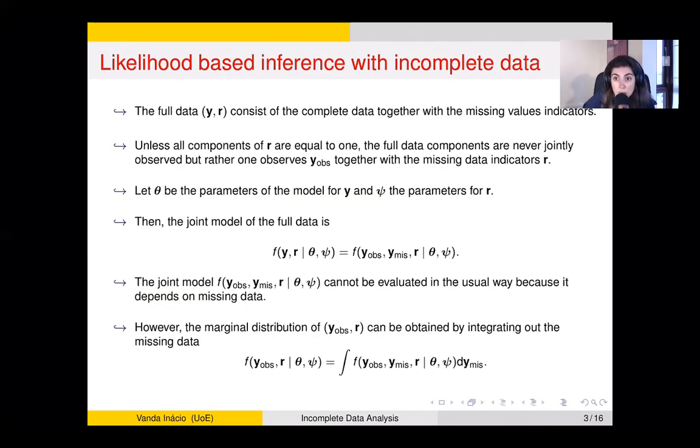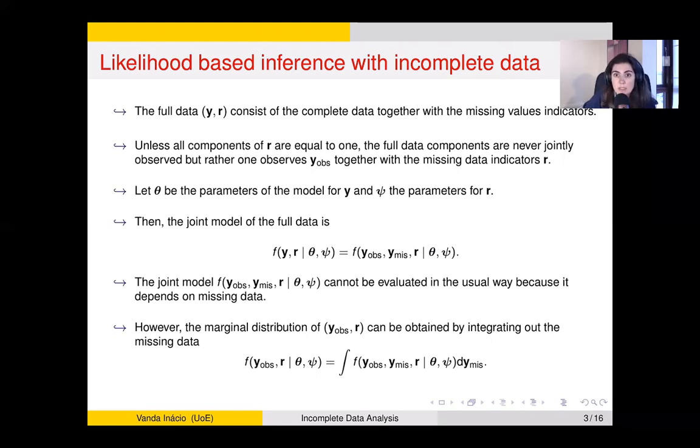And I will introduce a new notion here. It's the notion of the full data. The full data is the complete data together with the missing value indicator. So Y and R together form the full data. We call Y the complete data, which we know that we can further partition in the observed and missing parts, and R are the missing data indicators, and Y and R together, we call it in the literature full data.